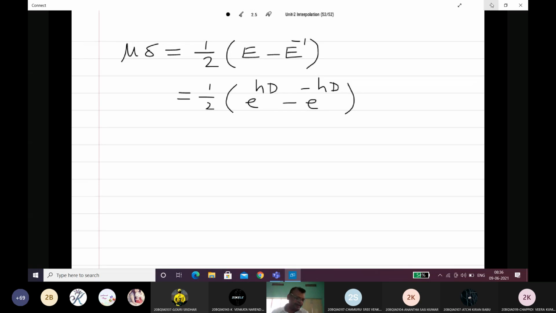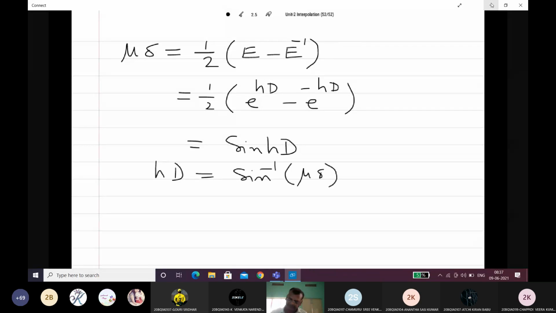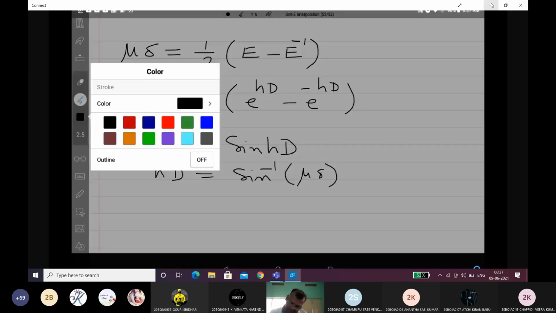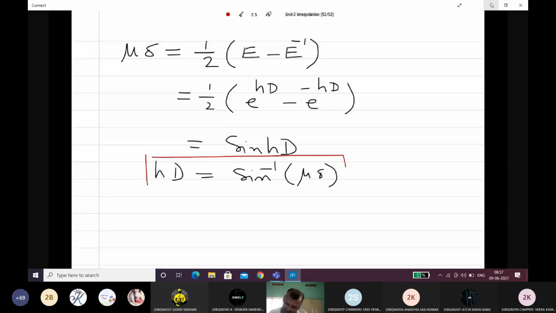Right? Now by the hyperbolic function definition, this is in the form of sin hd. Okay, now hd is equal to sin inverse mu delta. This is the first one.